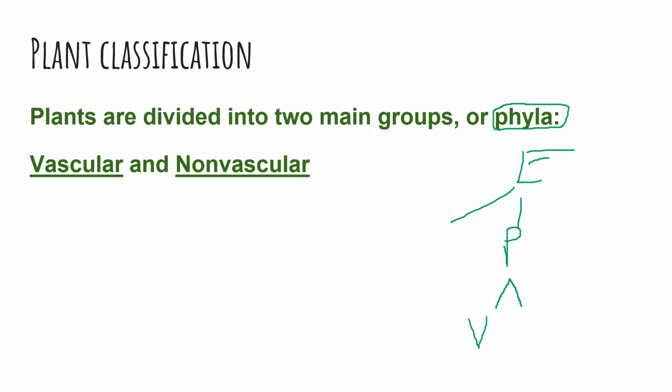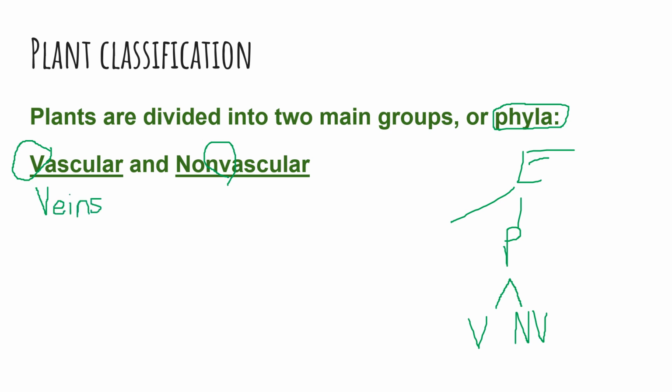Vascular and non-vascular. Now, I think I mentioned this in the vocab, but I want to say it again. Whenever you see this word vascular, it literally means something like tube-like, or something made of tubes or some kind of tube shape. For us, when we see the word vascular in talking about plants, whether it's vascular or non-vascular, I want you to think of the word veins. Okay, so V for vascular, V for veins.